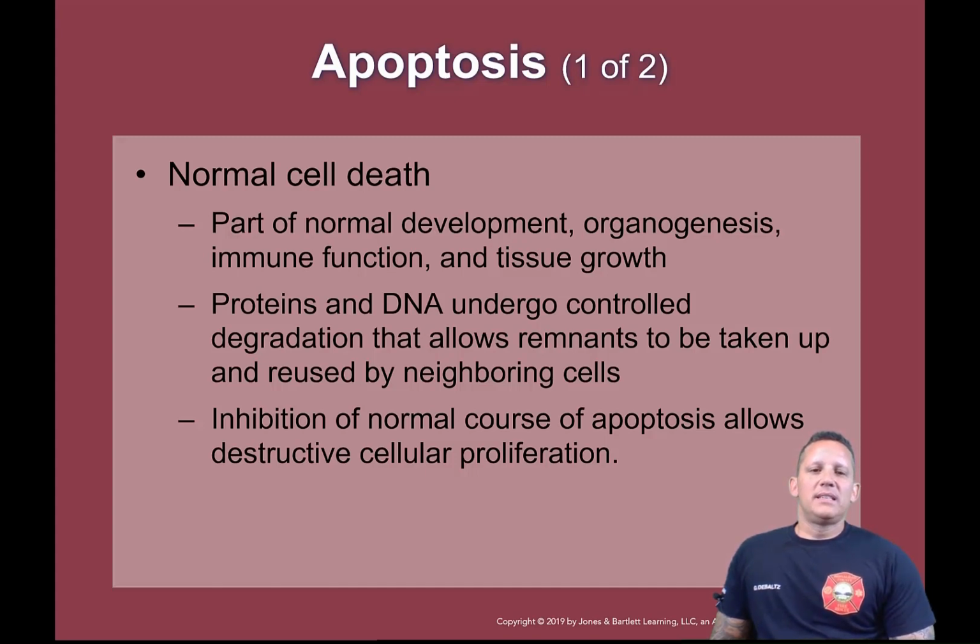The proteins and the DNA undergo controlled degradation that allows other parts of that DNA remnant to be taken up and be reused by neighboring cells. It's going to take some of those materials so long as it was in its normal fashion, and it will use those components to help themselves replicate or continue life. The inhibition of normal course of apoptosis allows destructive cellular proliferation.